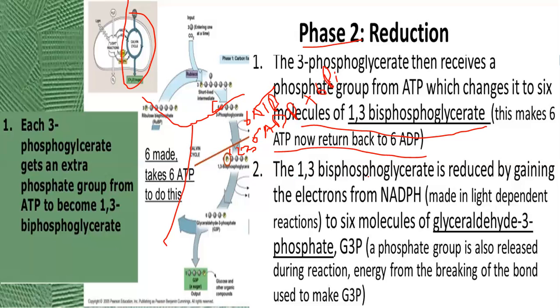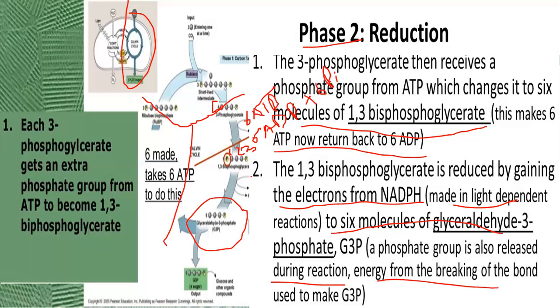1,3-bisphosphoglycerate is reduced by gaining the electrons from NADPH made in the light-dependent reaction to 6 molecules of glyceraldehyde 3-phosphate, G3P. A phosphate group is also released during the reaction. Energy from the breaking of the bond is used to make G3P. Now this is very, very important because here is the compound which we need to make glucose.